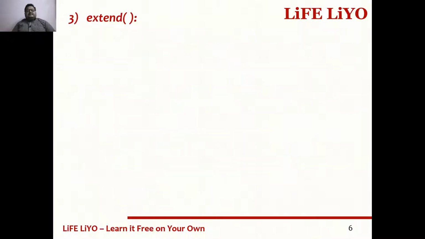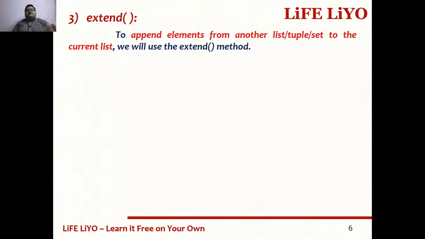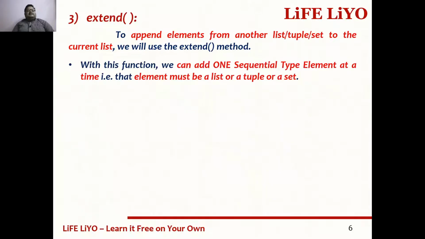Next, extend. Now append completed, insert completed. What is extend? Append elements from one other list or tuple or set to the current list. That is, if you want to add the respective list or a tuple or set to the present current list, we use a method called extend method.